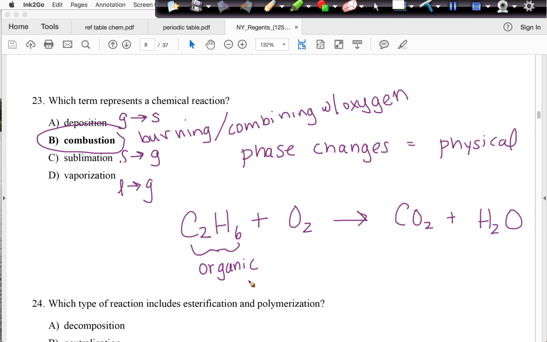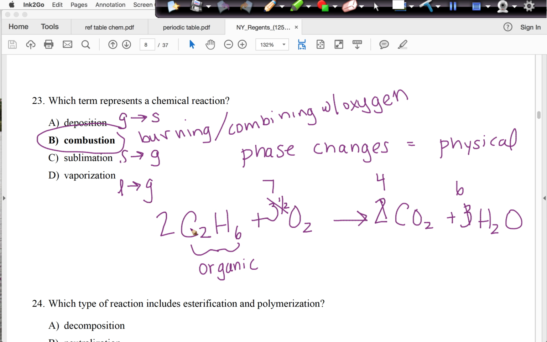Now this isn't balanced, okay? But if we balance it, we could put a 2 here to get the carbons both to 2. We could put a 3 here to get the hydrogens both to 6. That makes 4 oxygens, and 3, that makes 7. So we said we'd go in and put a 3.5. And then when we have a half like that, because 3.5 times 2 is 7, we're going to double all of the coefficients to get the right ones.